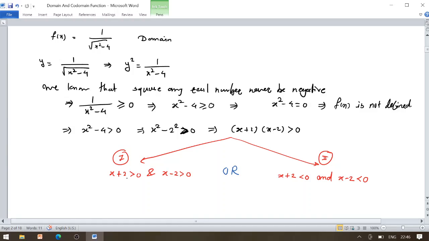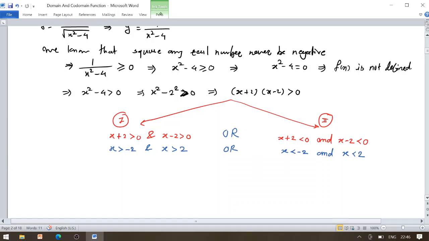Let us simplify all the inequalities. Here x is strictly greater than minus 2 and x is strictly greater than 2, or x is strictly less than minus 2 and x is strictly less than 2. Look at the real number line. We have to consider the intersection of both intervals. So consider a real number line.